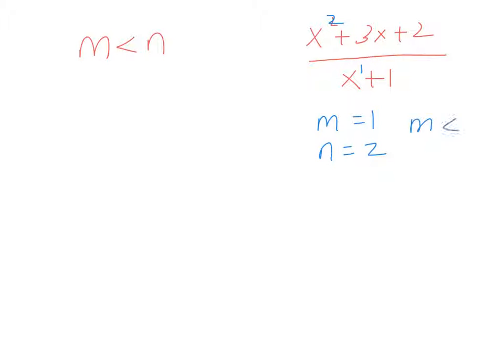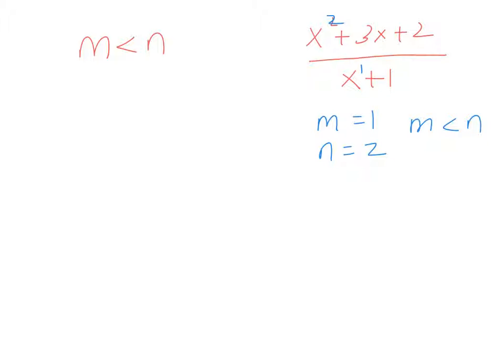And the last case, which is the hardest case, is if m is less than n, right? So for example, if we had x squared plus 3x plus 2 on the top, and on the bottom maybe we had x plus 1, right? I'll emphasize this. So what's m in this case? 1. What's n? 2. M is less than n.